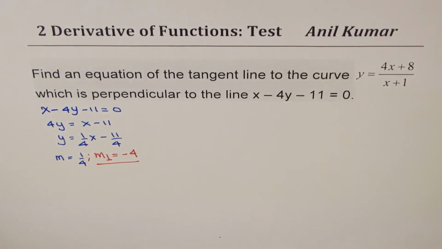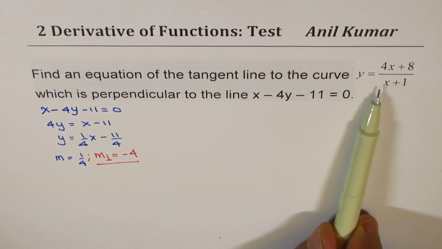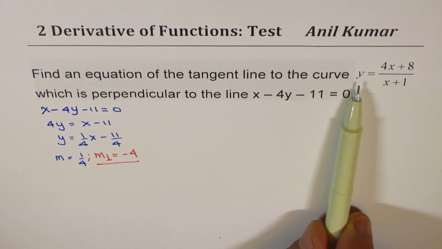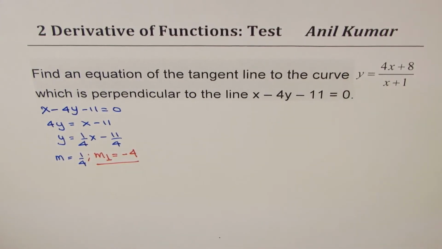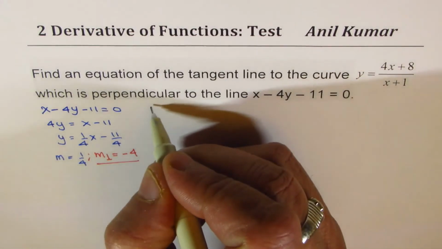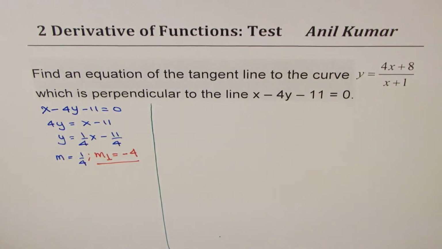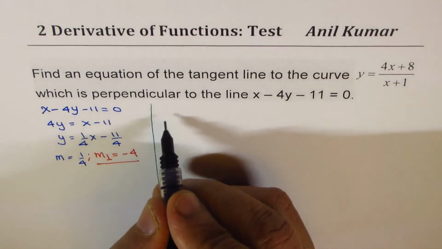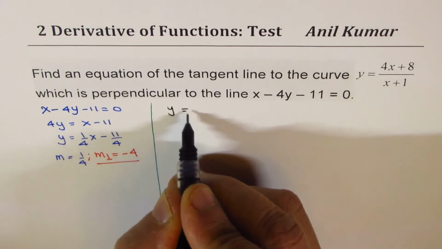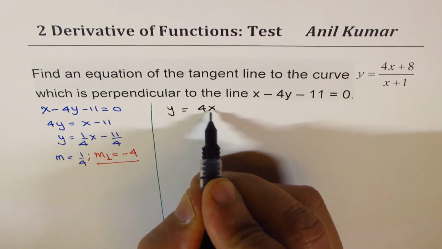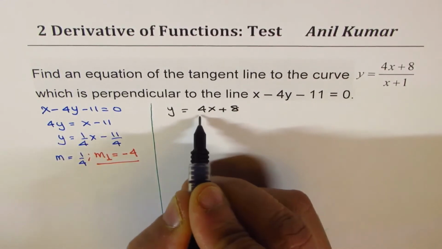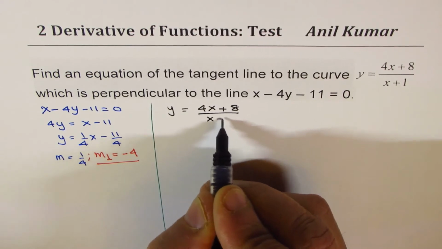Now let us solve for this equation. Let's find an expression for the derivative of this curve. So we are given the function y equals (4x plus 8) over (x plus 1).